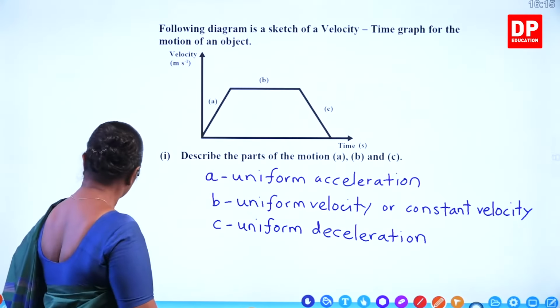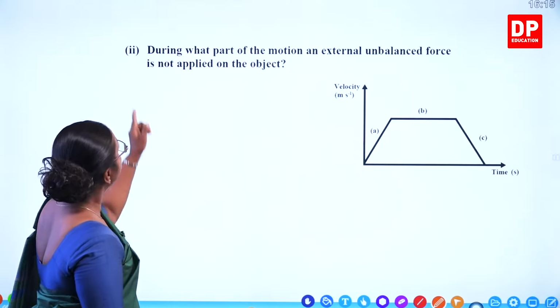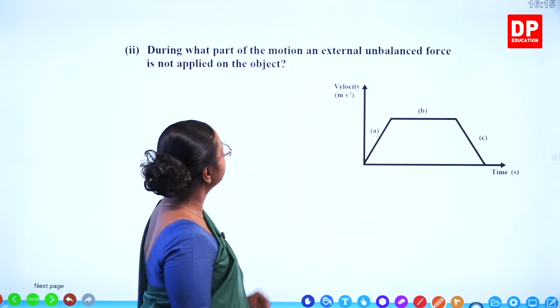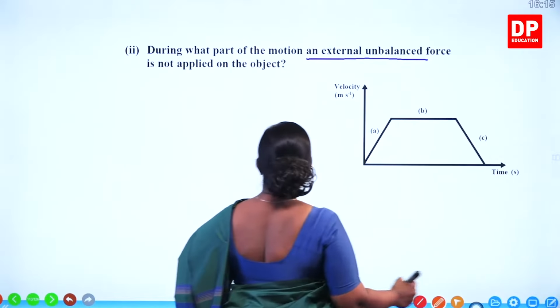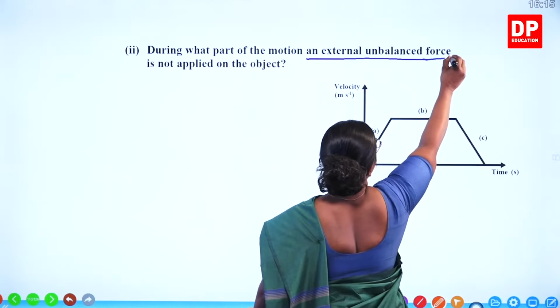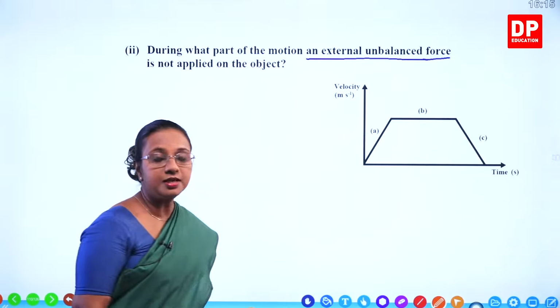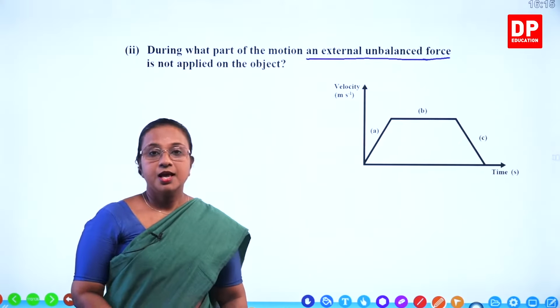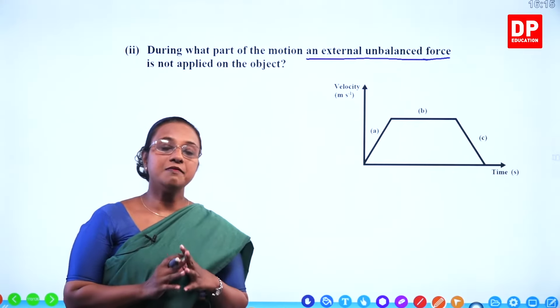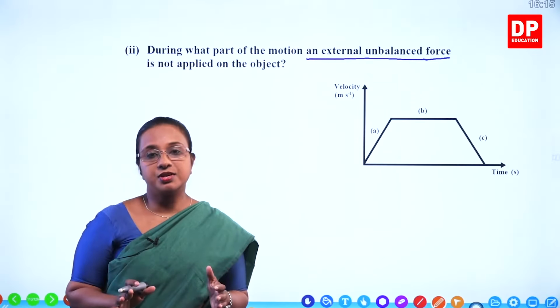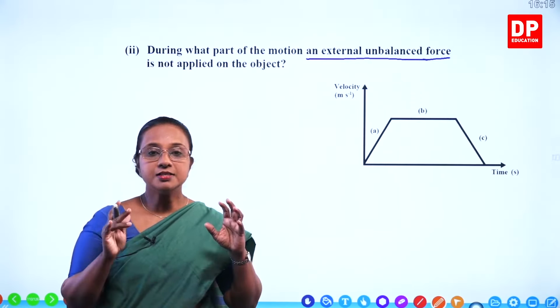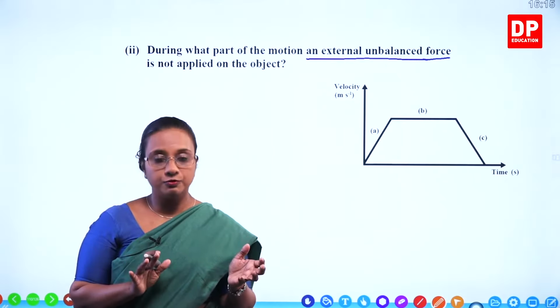Okay, we'll go to the next question. During what part of the motion is an external unbalanced force not applied on the object? Now students, think of an object on the table, right? It is at rest. There is no external force.